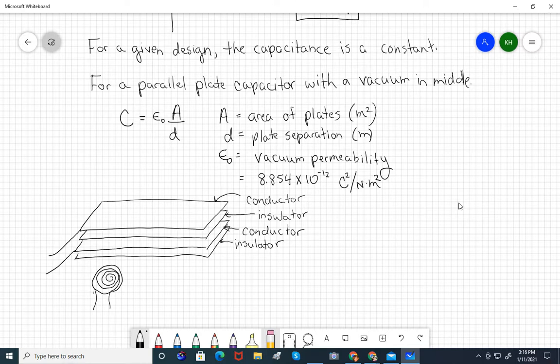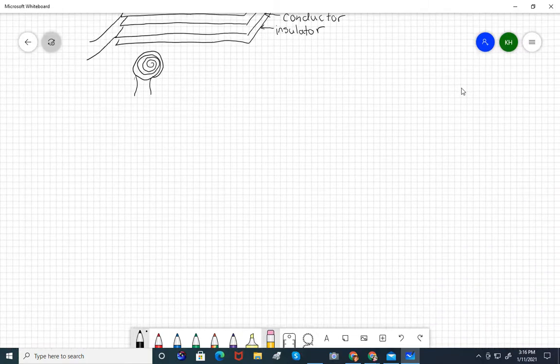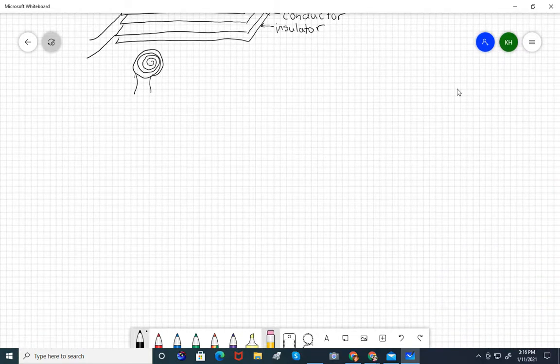Let's look at an example. It says a parallel plate capacitor of 10 farads. So we got a capacitor of 10.0 farads, has plates 1 millimeter apart.